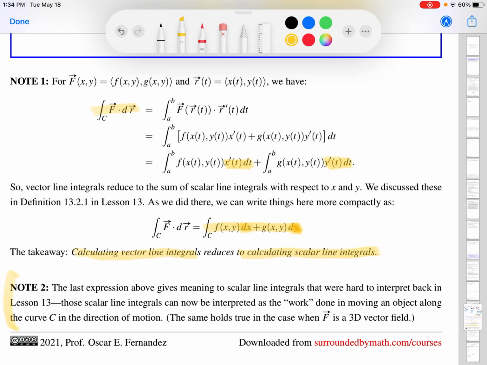So there is a way now to give meaning to the line integrals in lesson 13 that we could not give meaning to before, if we think of them as connected to some vector field whose components are f and g and h if there's a third component. Okay, so that's pretty much all I want to say about this general definition.